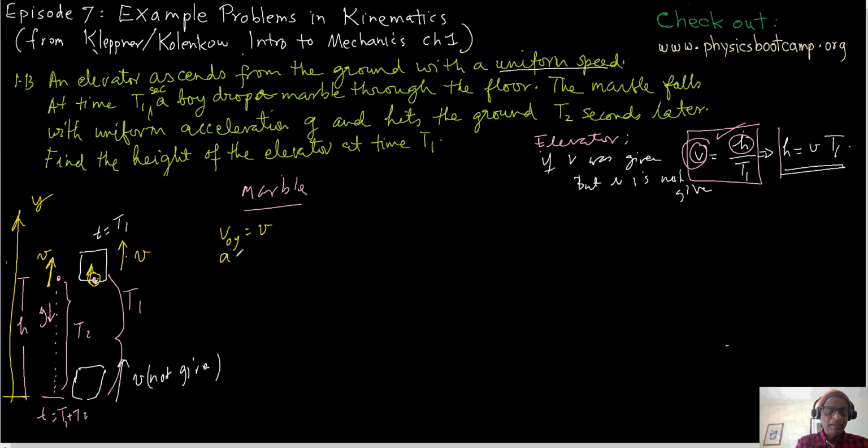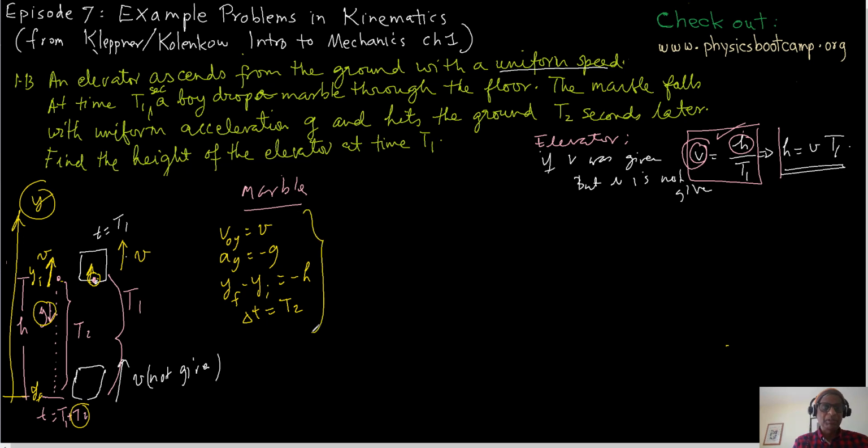And ay will be minus g because it's pointed down, and the up axis is that way. And y final is here, and y initial is here. Y final minus y initial will be minus h, and delta t will be t2 because it took t2 amount of time to get from here to there.